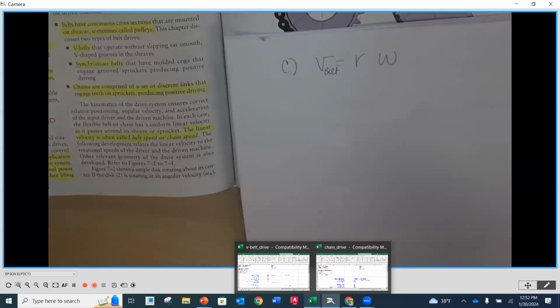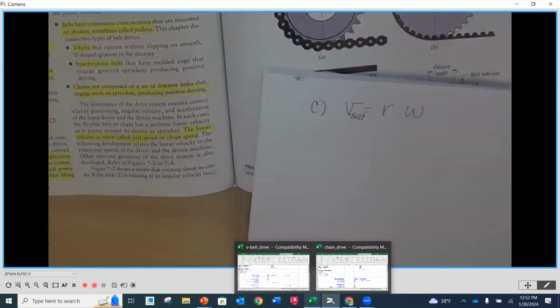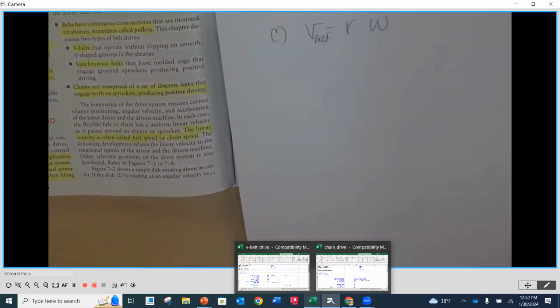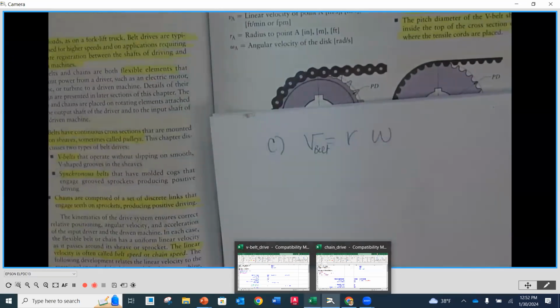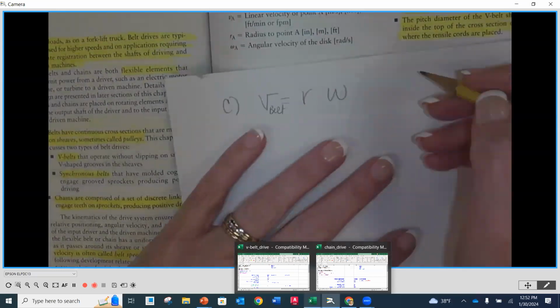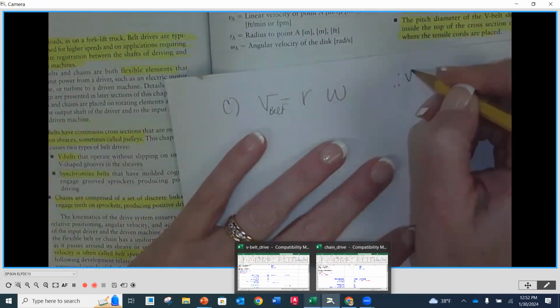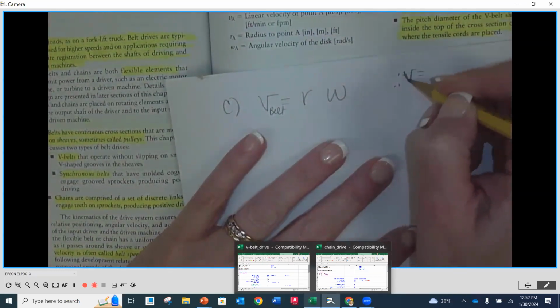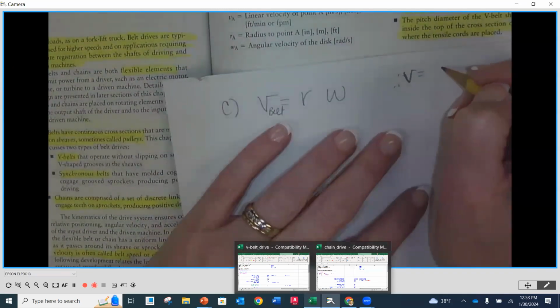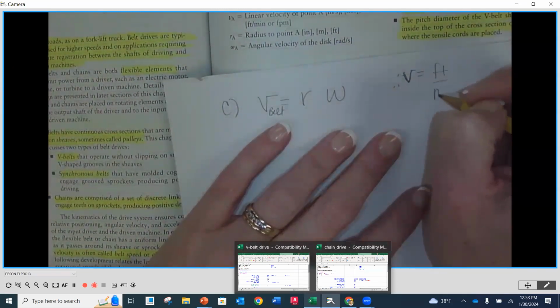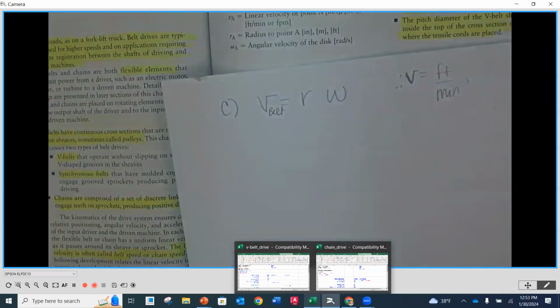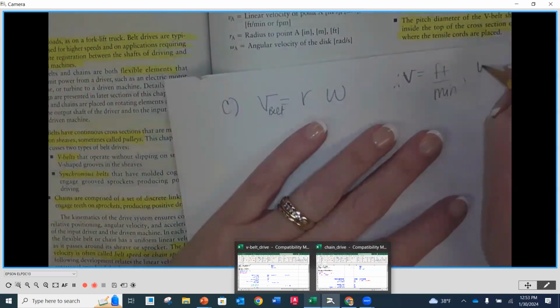Now, before I even start filling in my values, what units am I expecting for a velocity? What would be typical units? I'm in the English system here, right? We're dealing with inches. What would be units I would be expecting for a velocity? Feet per minute could be it, right? Feet per minute. What else? Inches per second.